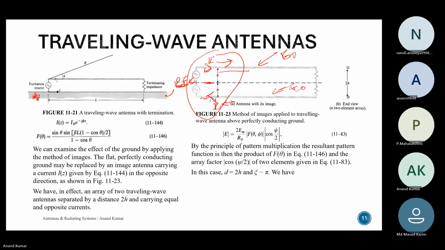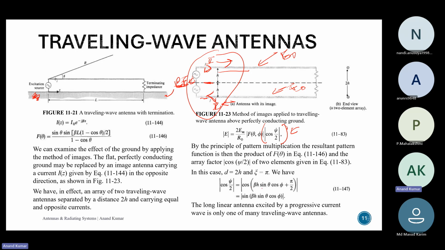By using the principle of pattern multiplication that we saw when we solved for the array factor, this is the coefficient that will be added: cos phi and cos pi by 2, and this cos pi by 2 in this case will be cos beta h, where h is the height of the traveling wave antenna from the ground. So beta h sine theta cos phi, and we can simplify this to sine beta h sine theta cos phi.